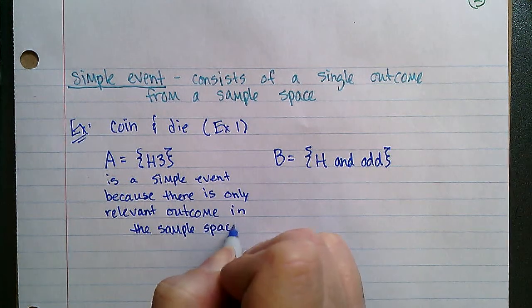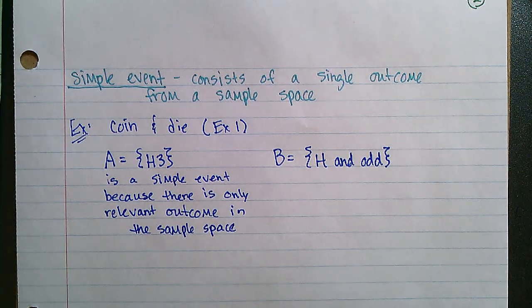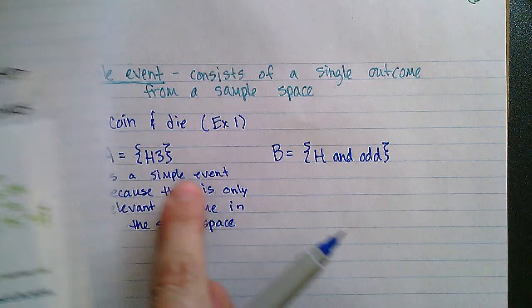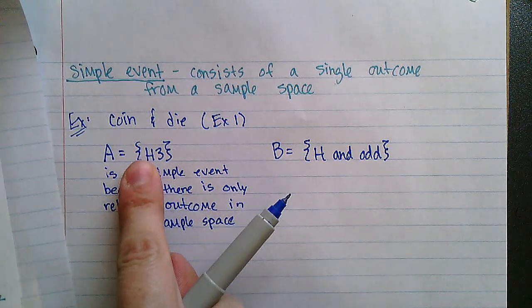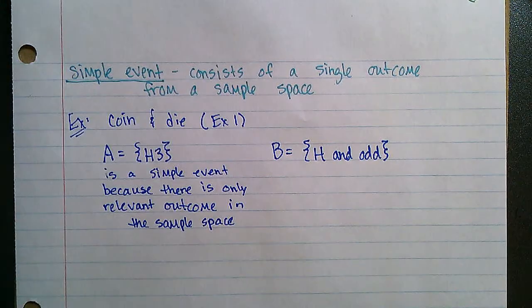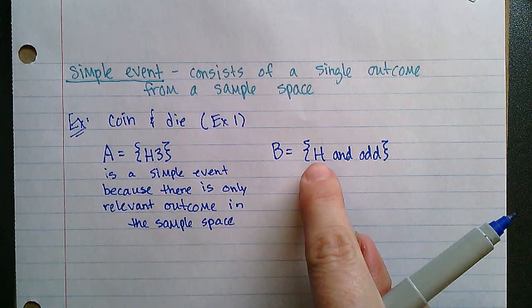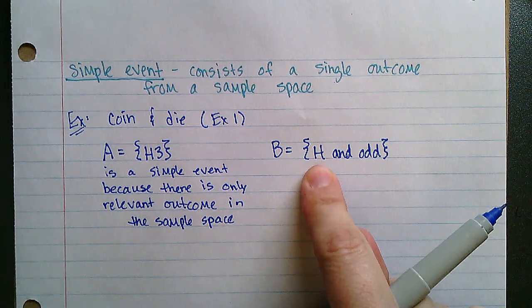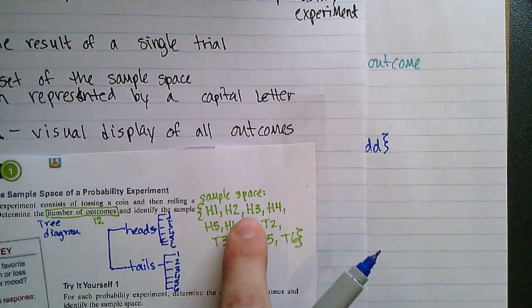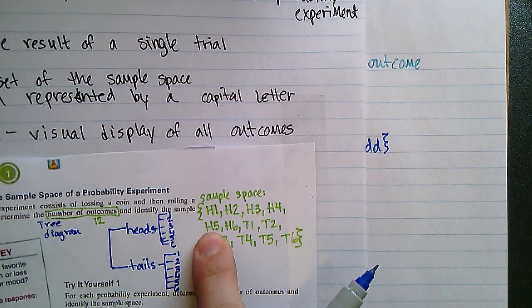If we look back at our sample space from example 1, H1, 2, 3, all of those, if my event A is H3, only one of those outcomes is relevant. But in event B, if the event is heads on the coin and odd, then looking at my sample space, H1 would be heads and odd, H3 would be heads and odd, H5 would be heads and odd.